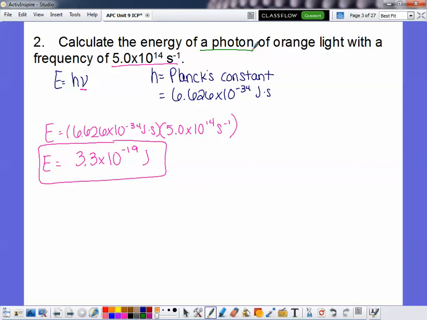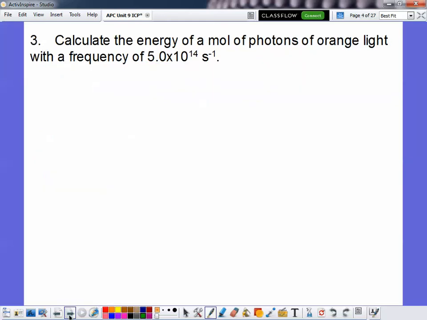This is the energy of a single photon with that frequency. Number 3 is asking us for a mole of photons with that same frequency. What would the energy be? Okay? So for a mole of photons.